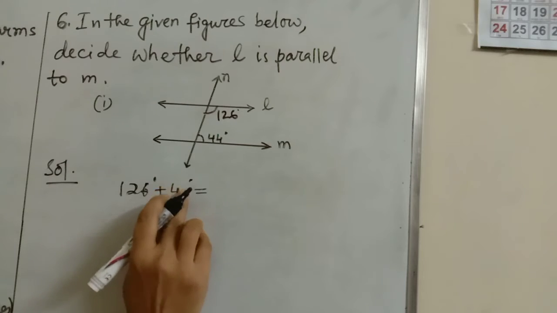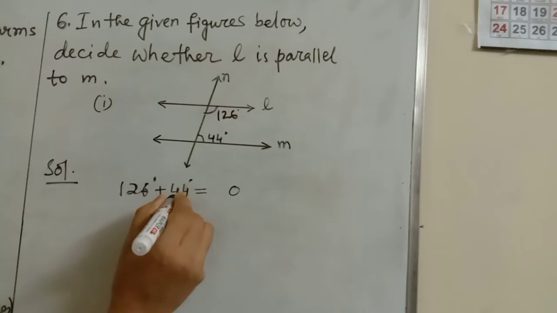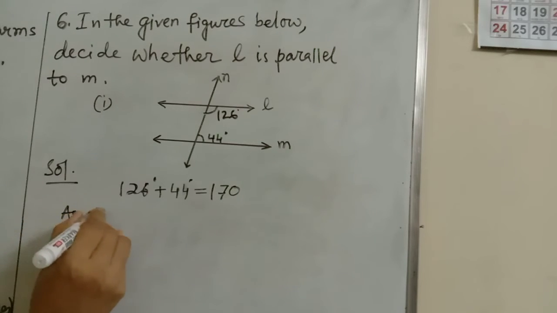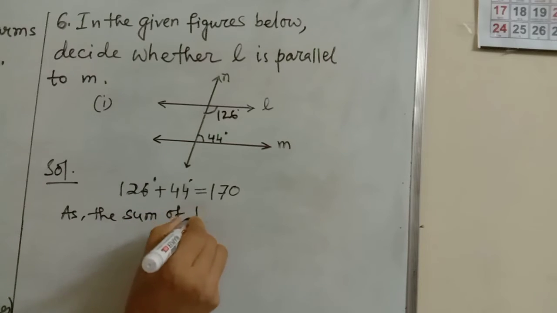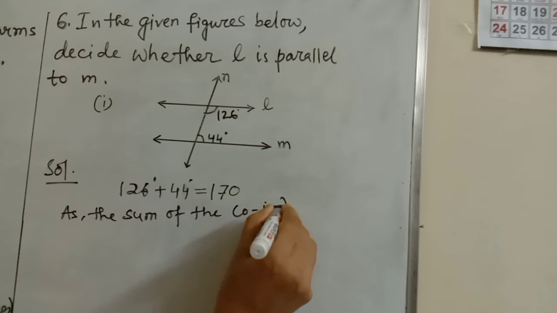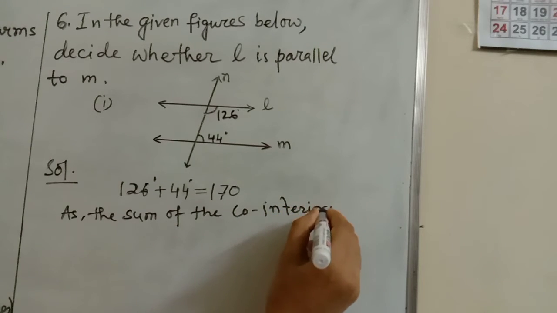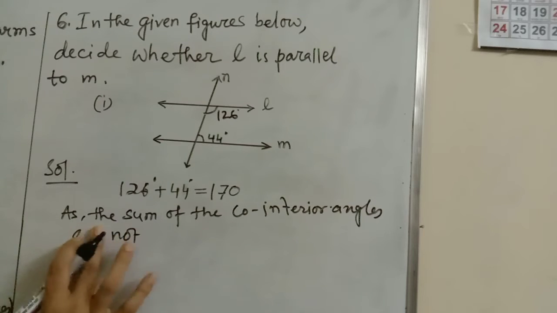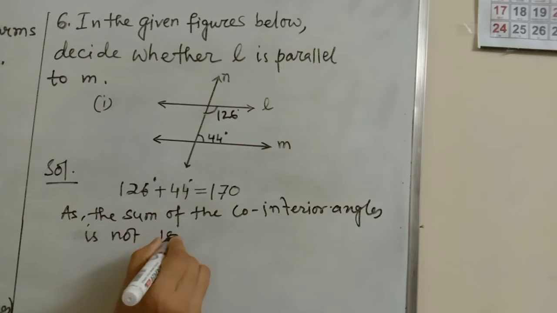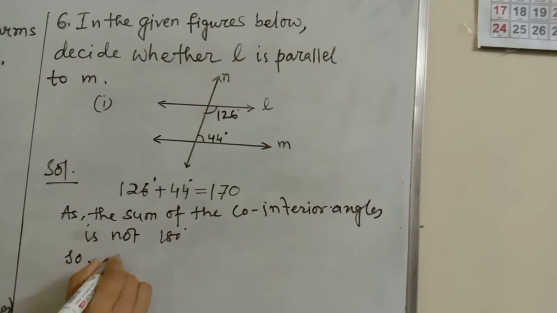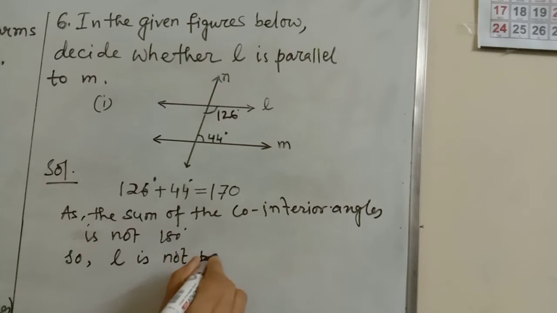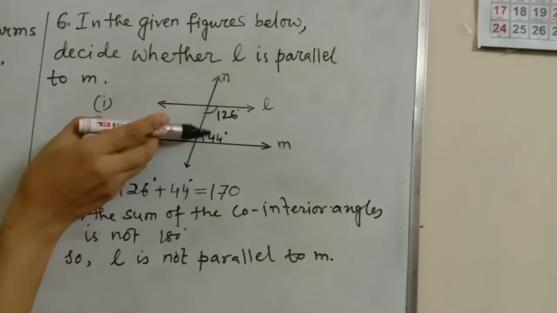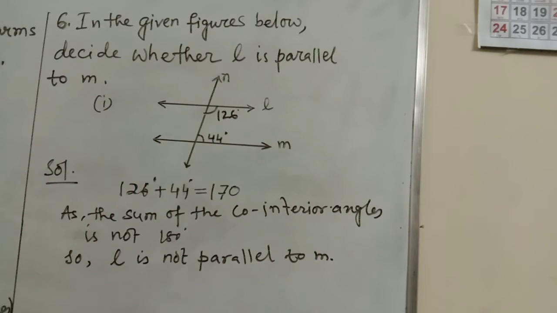As the sum of the consecutive interior angles is not 180 degrees, that is not supplementary, so L is not parallel to M. And we know that if the co-interior angles are supplementary, then the lines are parallel. So in this case, lines are not parallel.